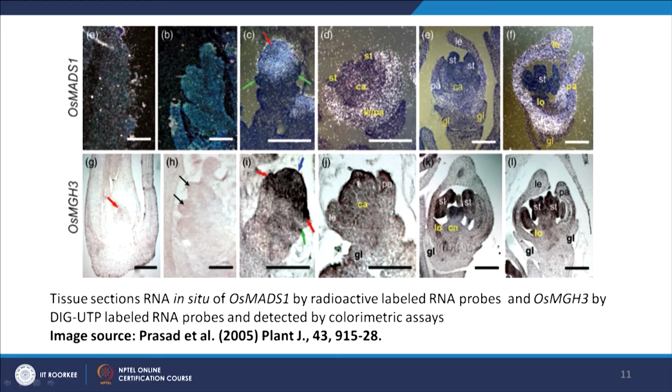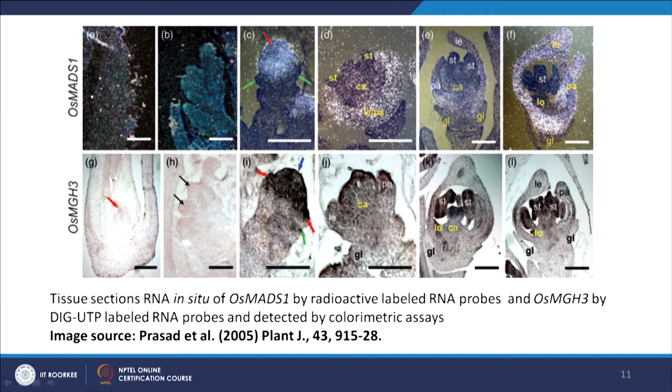You can clearly see the expression is throughout at the early stage, and then at a later stage it is more restricted to the lemma and palea, and expression in the inner whorl organs is disappearing. So this is a typical example of radioactive labeled RNA in situ hybridization on sections.